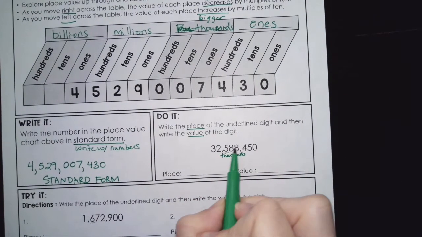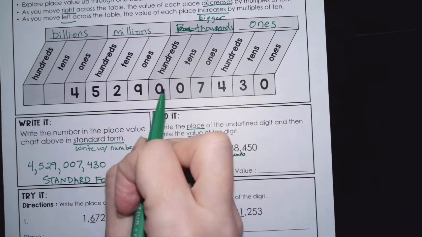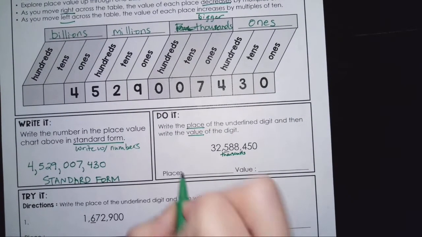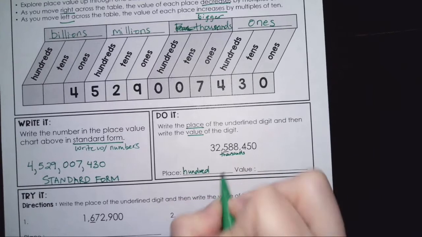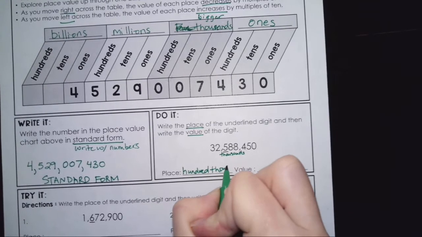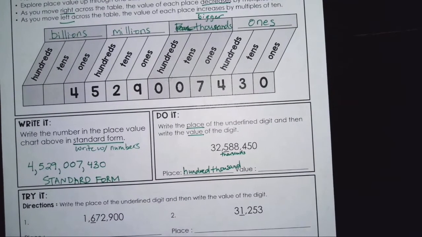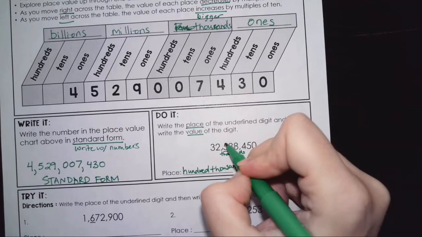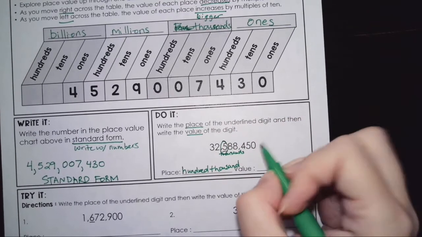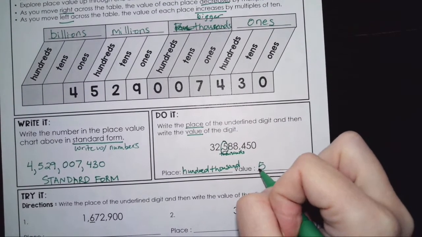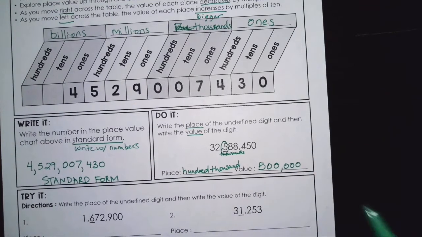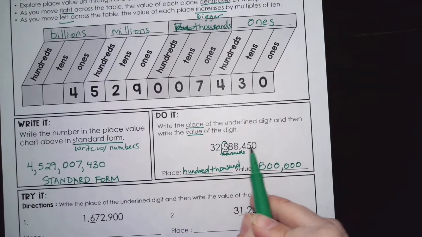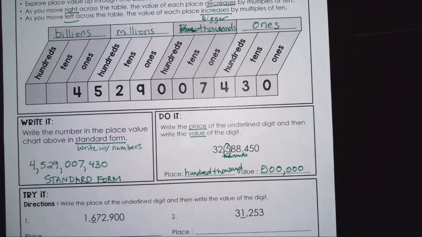And it's in the third section, so 100. So it is in the 100,000 place. Now there's a 5 in the 100,000th place, so that means that 5 is worth 500,000. So basically every number behind it gets changed to a 0.